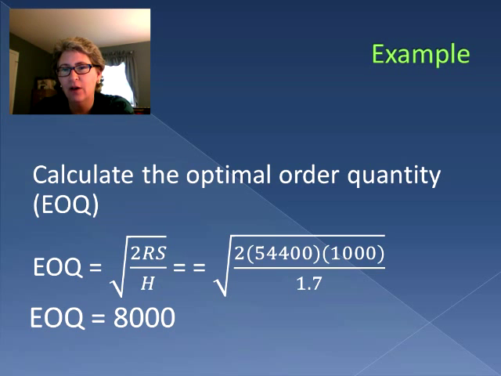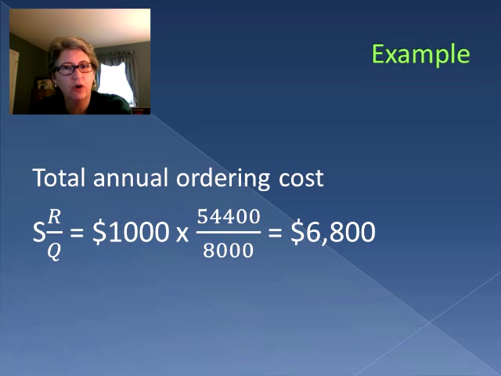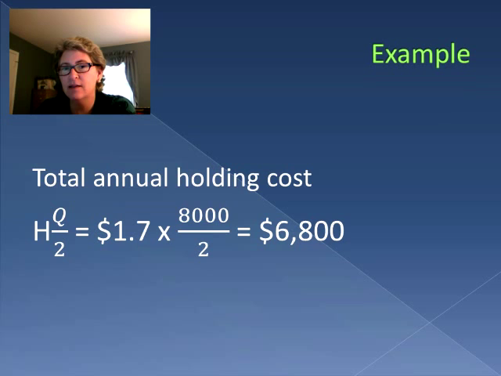So what is our total setup cost? S times R over Q: $6,800. Our total holding cost: $6,800 as well, which should not be a surprise because we calculated the minimum cost at the point where the holding cost was equal to the setup cost.